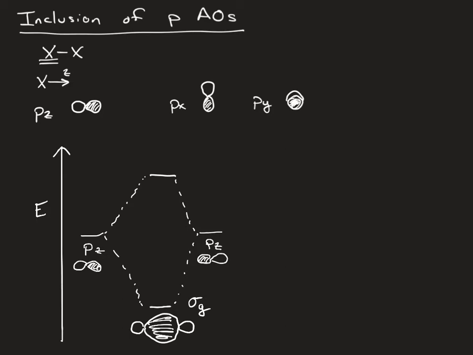Another way of thinking about this is that if we have a molecule where electrons are filling this bonding orbital, we can describe this bond just as with the s orbital combinations as a sigma bond. We can also have an out-of-phase combination that we have to worry about. So we're going to form a sigma u star.